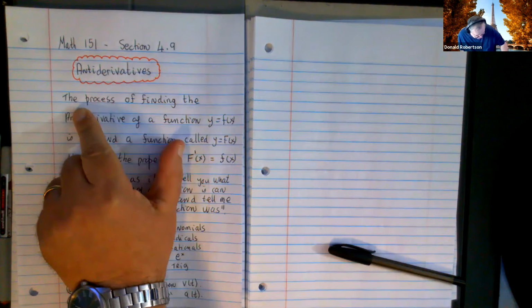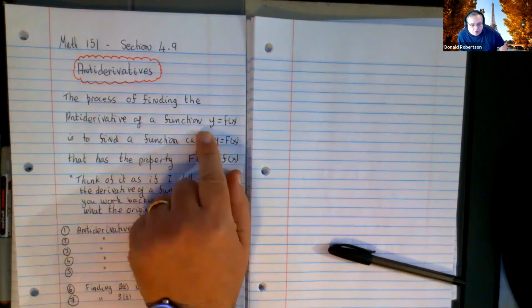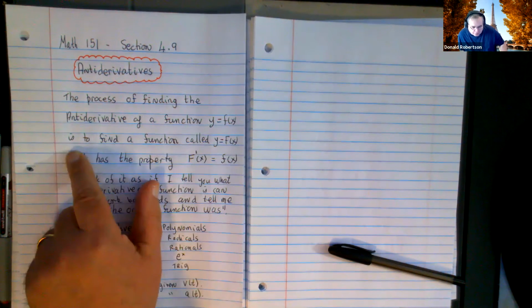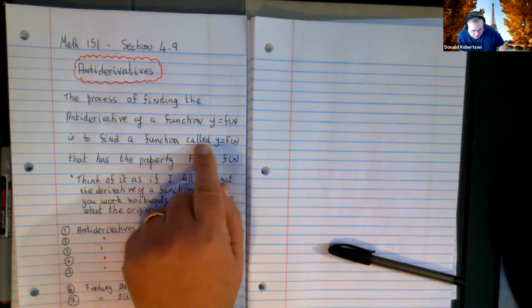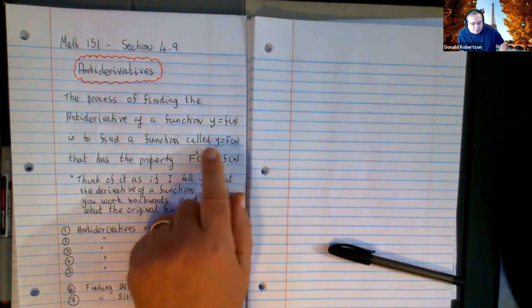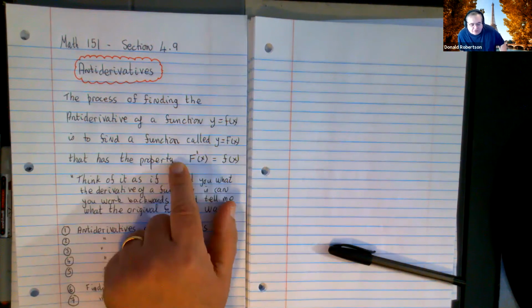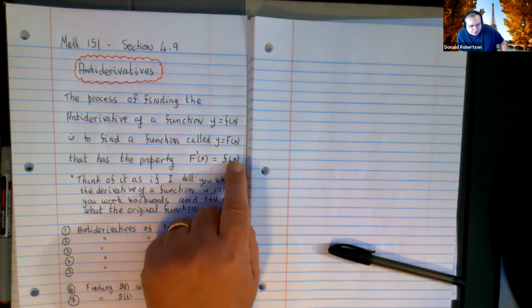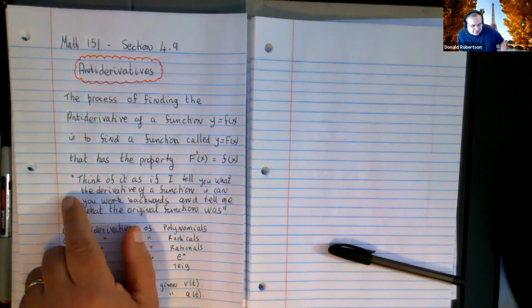The process of finding the antiderivative of a function y equals f of x is to go looking for another function called capital F of x. And this function, capital F of x, has the property that its derivative is the original function. So think of it like this.